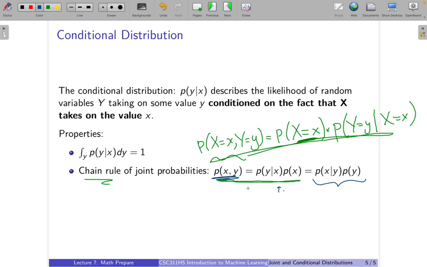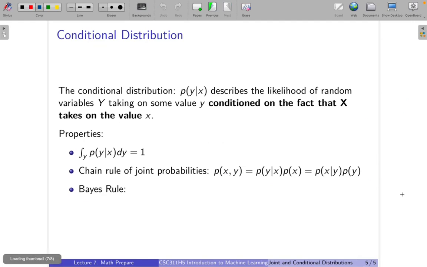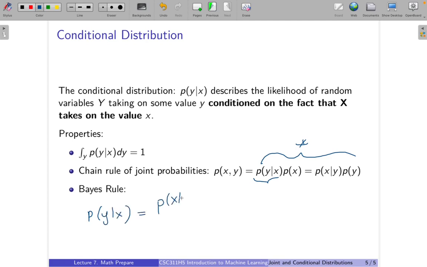I could rewrite the joint distribution this way as well. I'm just flipping x and y here. So I could choose my value of y first, and then my value of x conditioned on y. Finally, putting this together, we have the Bayes rule, which really just comes from this part right here, where if I just isolate the probability of y given x, that's really just this probability right here.